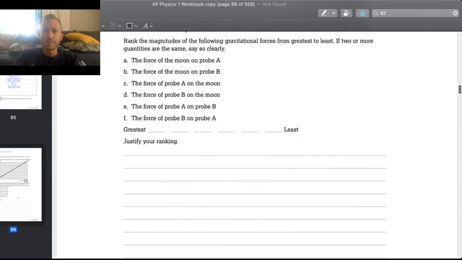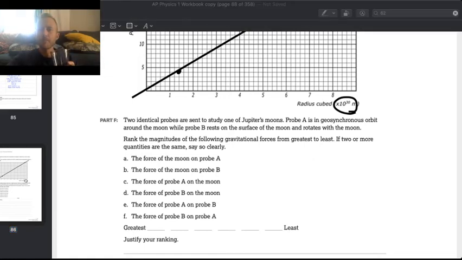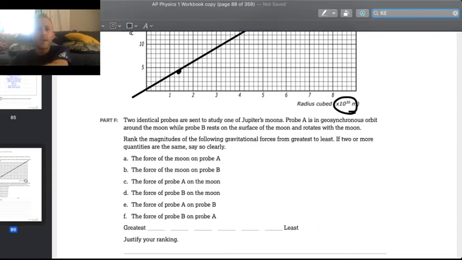Part F says 2 identical probes are sent to study one of Jupiter's moons. Probe A is in a geosynchronous orbit around the moon, while probe B rests on the surface of the moon and rotates with the moon.